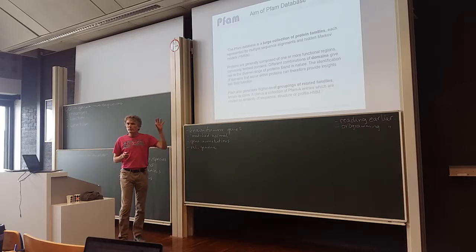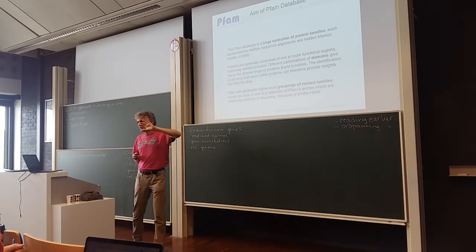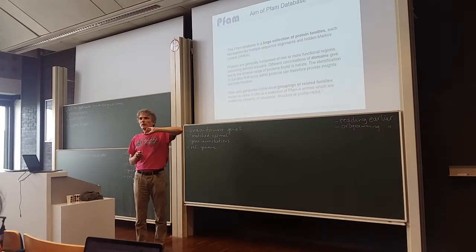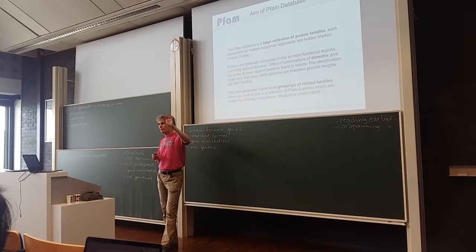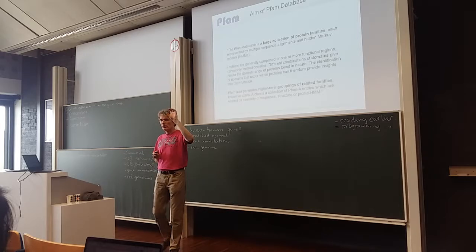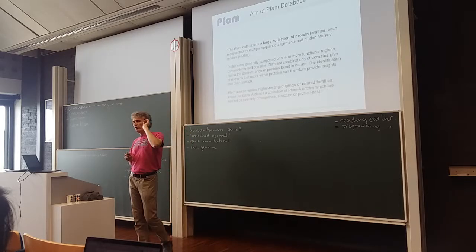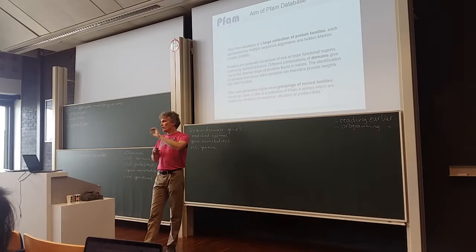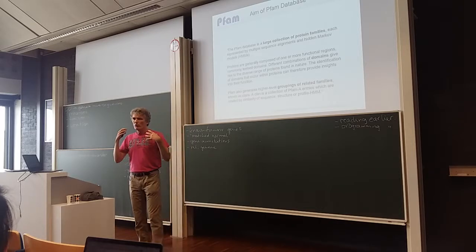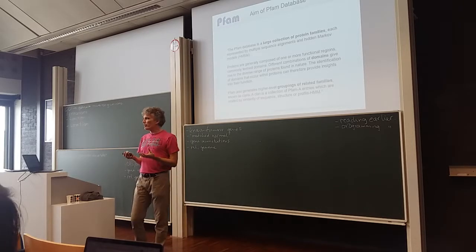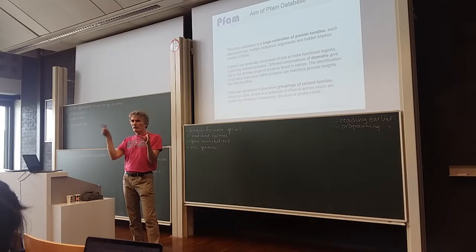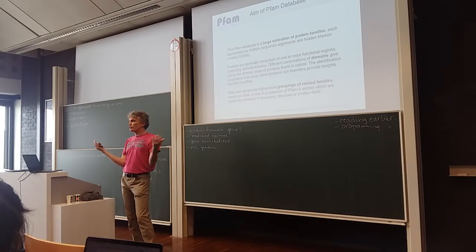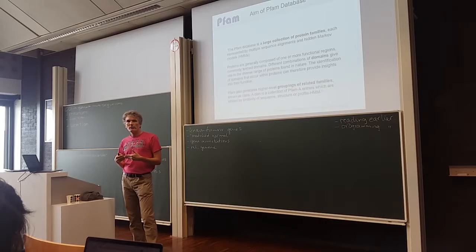But that's just to support the point. Typically, each of these domains has an associated function. One could be the catalytic site, where the chemical activity is. Another one could be DNA binding, or it binds to a protein complex, or it's the regulatory domain, or it could be a couple of enzymes involved in the same process that are put together in one gene.